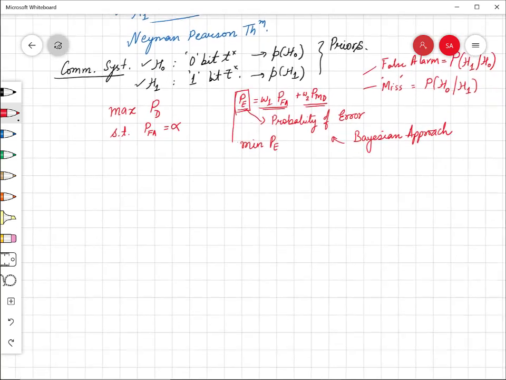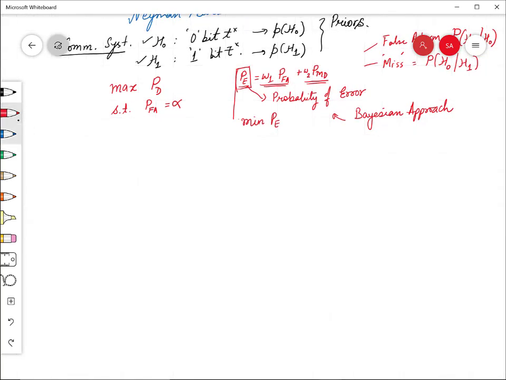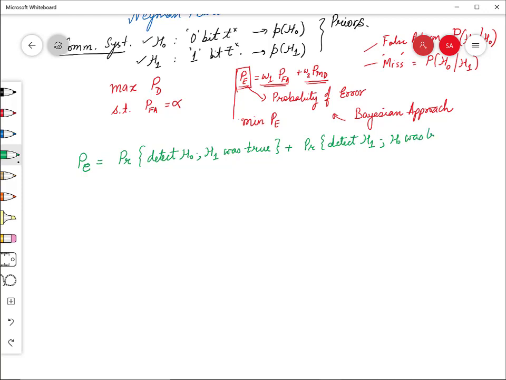All right, so a simple way to do this is as follows. I can write the probability of error as the probability that I detected H0 given H1 was true, plus the probability that I detected H1 but H0 was true.